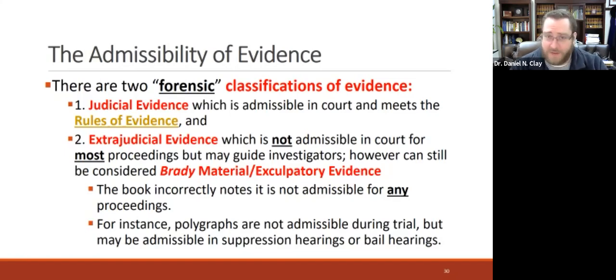But polygraphs generally not admissible, right, at trial. But they are admissible at suppression hearings or bail hearings. So, for instance, you're doing a bail hearing where you're trying to get bail for your client who's charged with murder. And there's not a lot of evidence. And you're arguing to the judge, there's not a high likelihood that this person will be convicted. They don't have that much evidence.